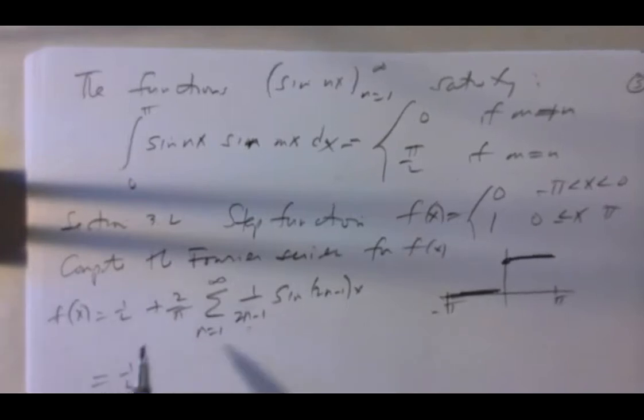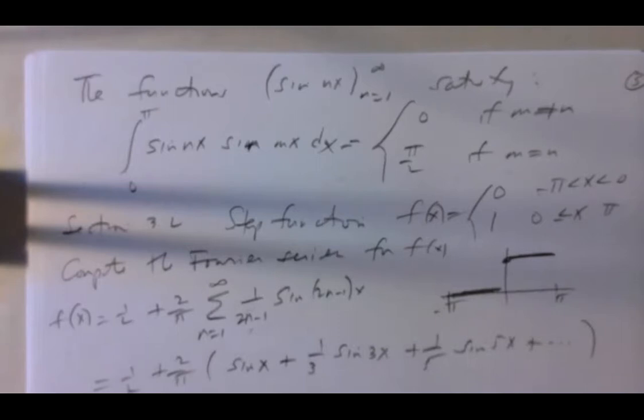So this is 1/2 plus 2 over pi times sine x plus 1/3 sine 3x plus 1/5 sine 5x, and so forth. And so somehow these oscillating functions, when you add them up, should converge to this very non-oscillatory step function.